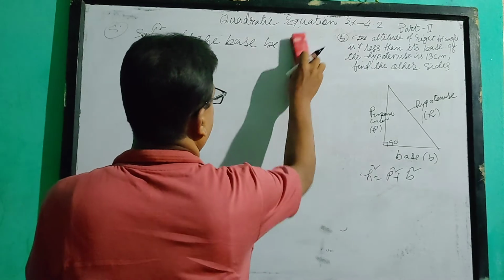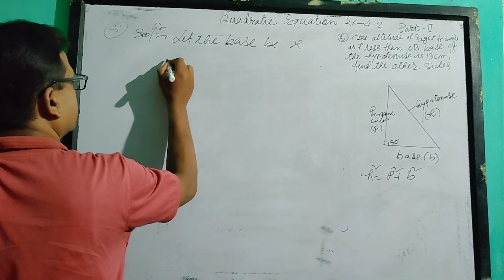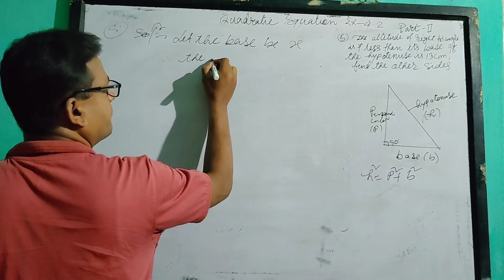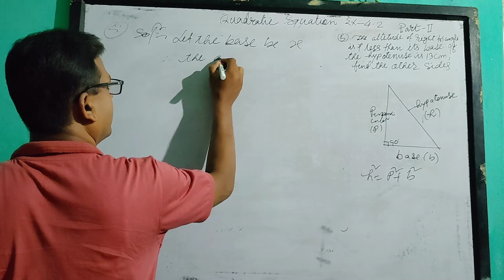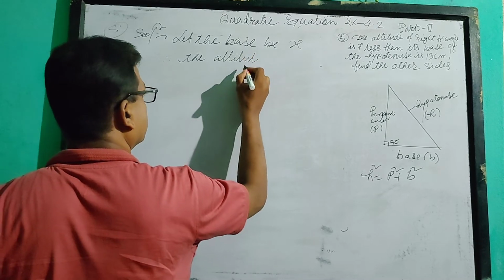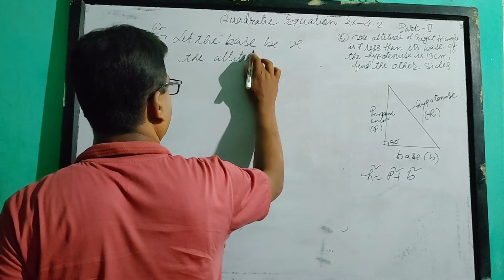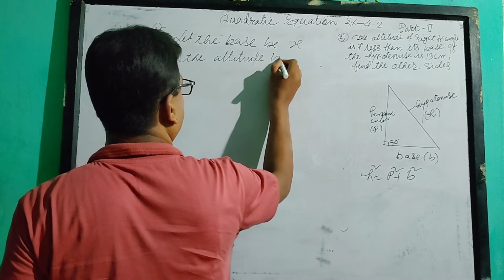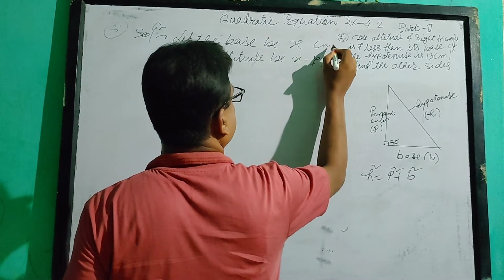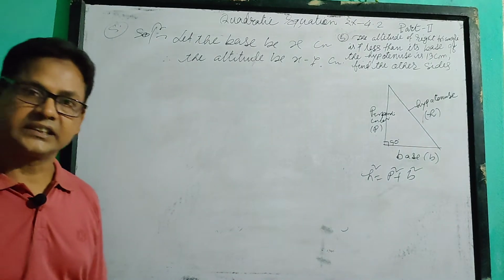Then the perpendicular or altitude will be x minus 7 centimeters. And the hypotenuse is given.